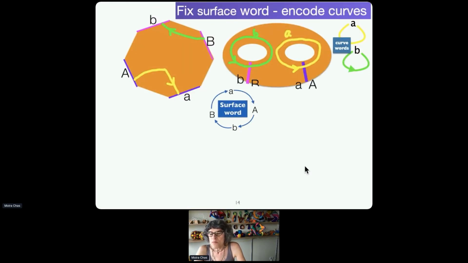So now that we have the class of curves, we're going to fix the surface word. So we fix our surface, and we're going to encode the curves. Now the capitalization of the letters is going to play a role.